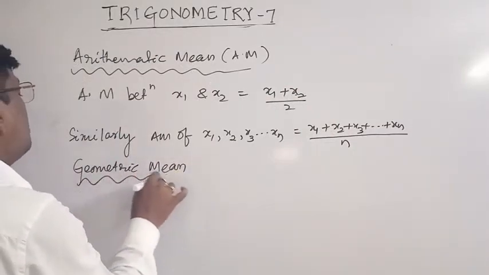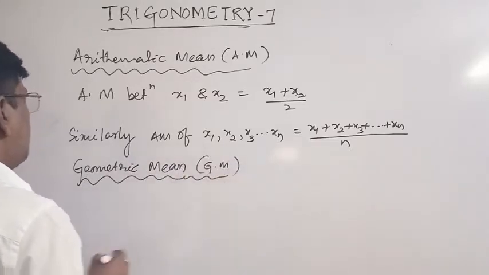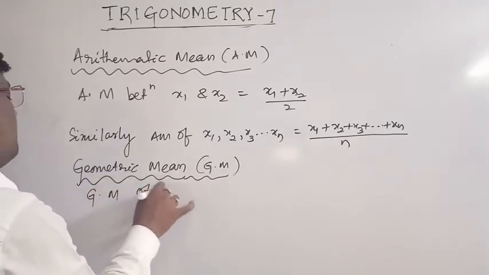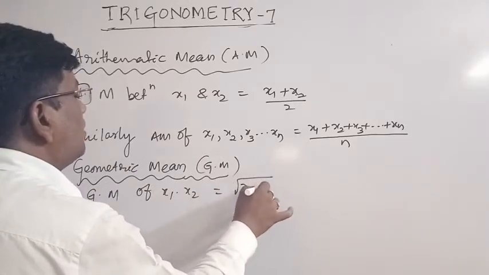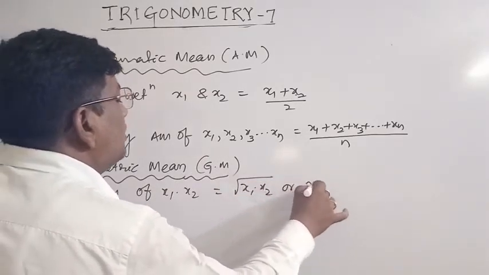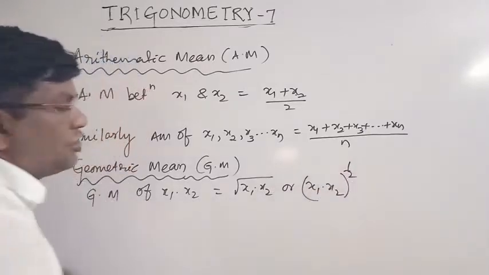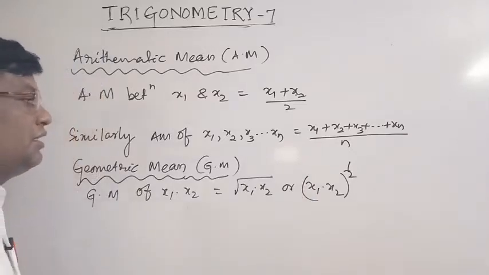Now geometric mean, its short form is GM. GM of x1 and x2. Geometric mean GM of x1 and x2 is equal to root over x1 into x2, or we can say x1 into x2 to the power 1 by 2, product of the terms raised to the power 1 by the number of terms.